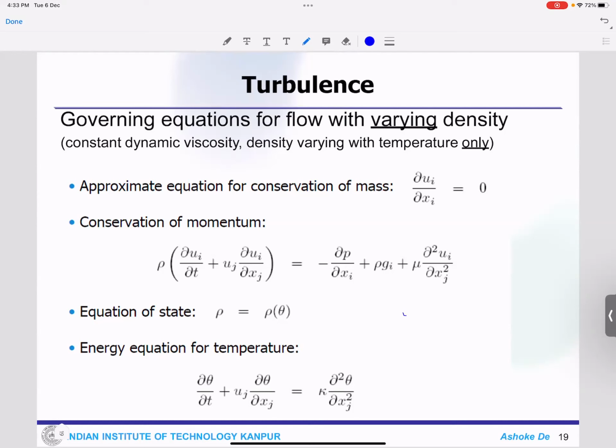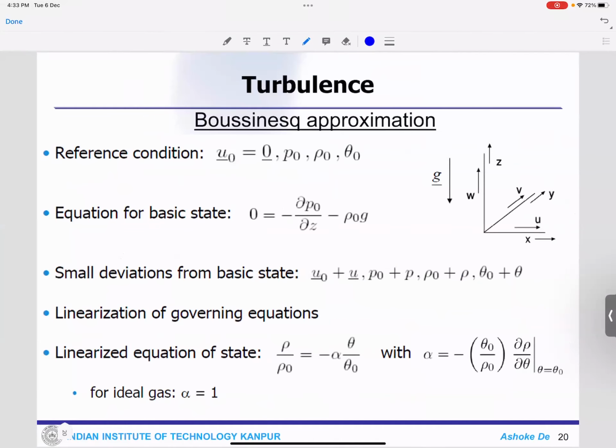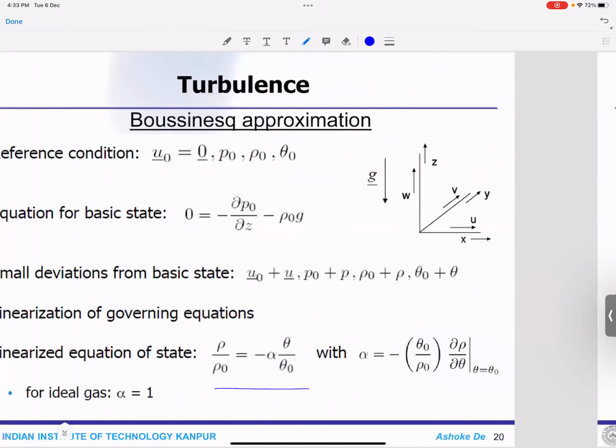So obviously there would be a change of the density that you have to take into account. For that, you have to consider the energy equation, and we bring in the Boussinesq hypothesis, which correlates your density variation with the temperature variation. Because at the end of the day, the variations are due to the temperature gradient, and those variations are taken into account through these approximations.